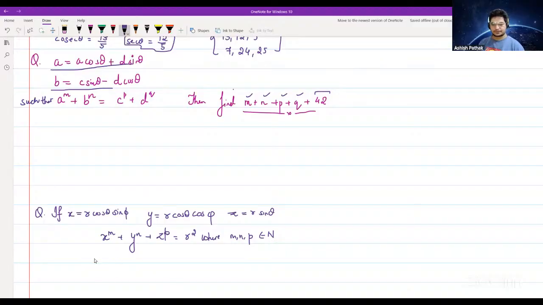Now we have to find the value of m plus n plus p minus 4 to the power m plus n plus p plus 4. Okay, so can you do the first question?